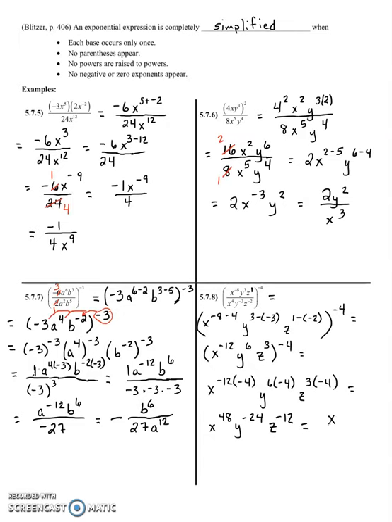And then again, we don't like negative exponents, so we move those down into a denominator and make the exponents positive, and we're done. We'll pick up with the scientific notation in the next video.